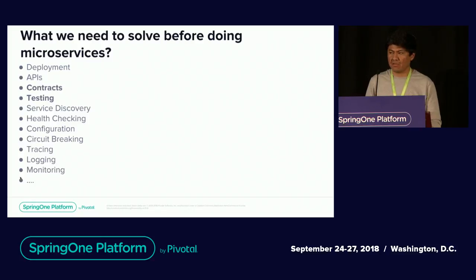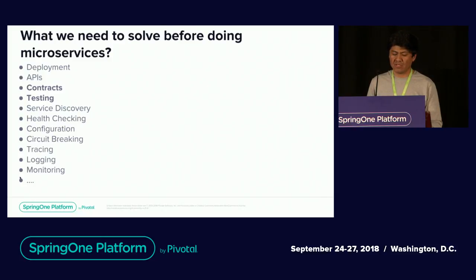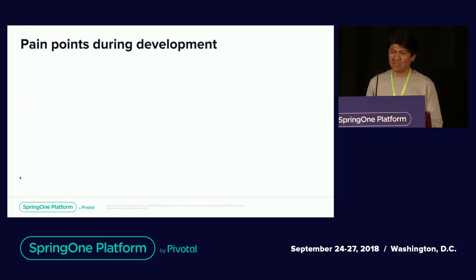So the two topics that we are going to cover during the presentation are contracts and testing. Why have we chosen these topics? Because there are some pains during development that we need to address.